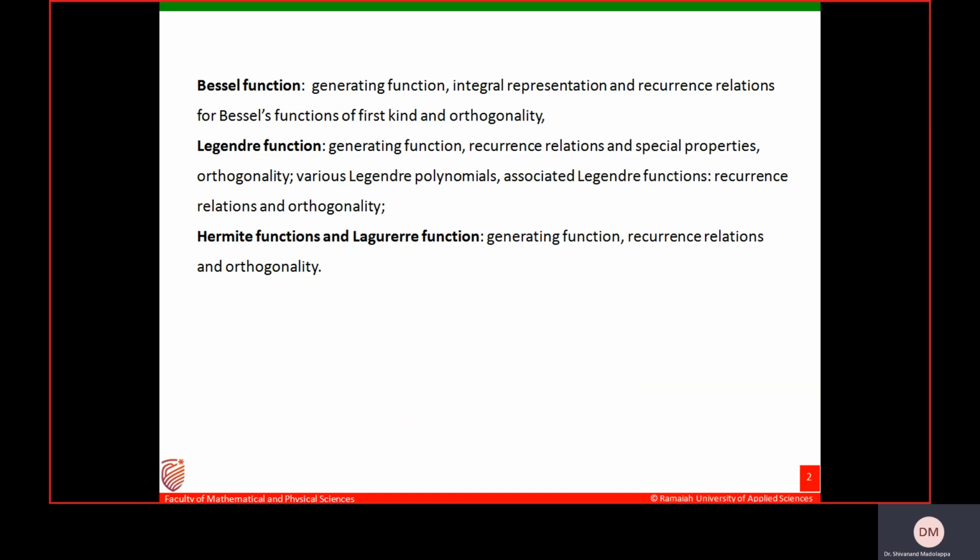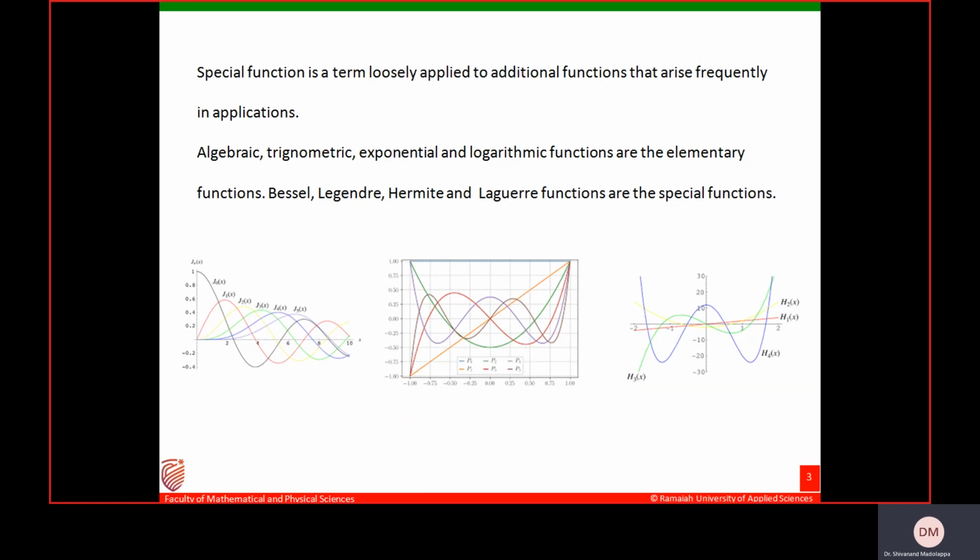First, we will discuss what is meant by a special function. A special function is a term loosely applied to additional functions that arise frequently in applications. Algebraic, trigonometric, exponential, and logarithmic functions are the elementary functions. The Bessel, Legendre, Hermite, and Laguerre functions are the special functions.